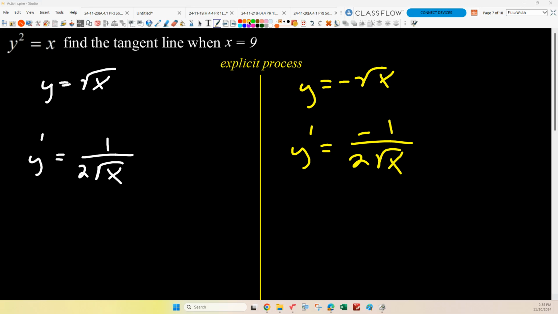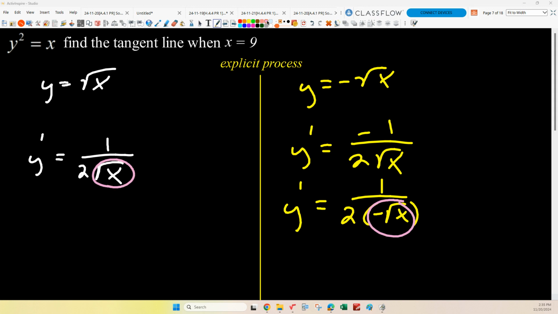Do you see a way that we could have defined these as one answer instead of two? I'm going to give you a hint. I'm going to rewrite this one. How could I have combined those into one answer?